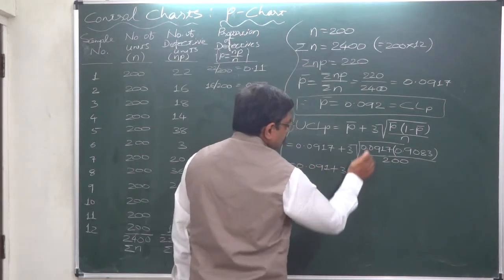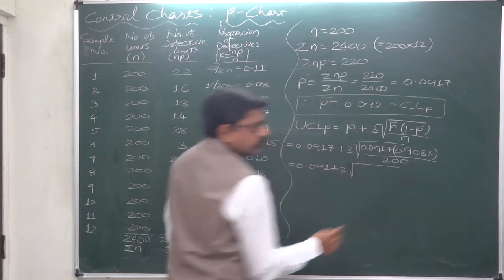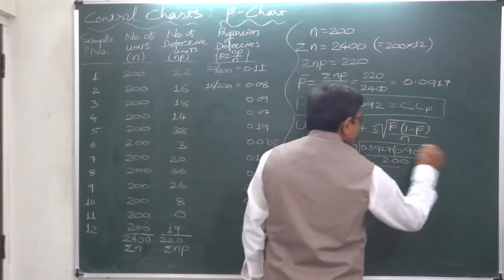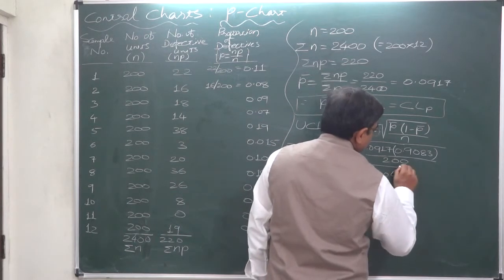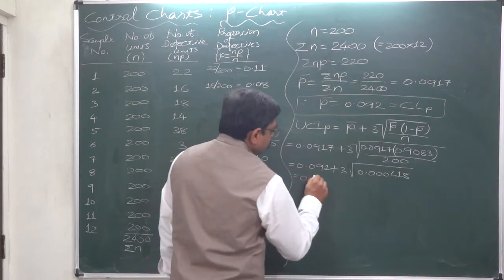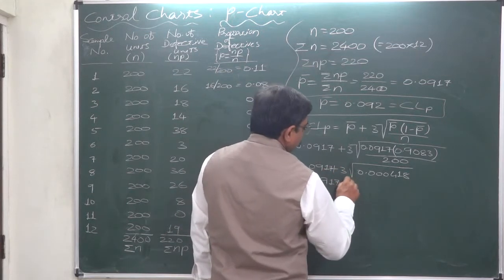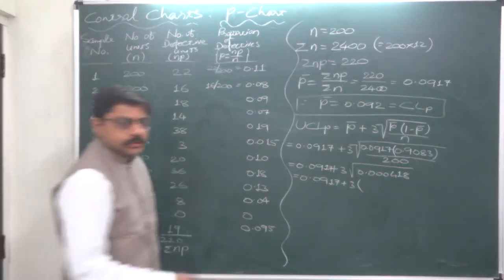Simplification of this fraction comes to approximately 0.000418. So it will be 0.0917 plus 3 into, now the square root of this gives us 0.02045.